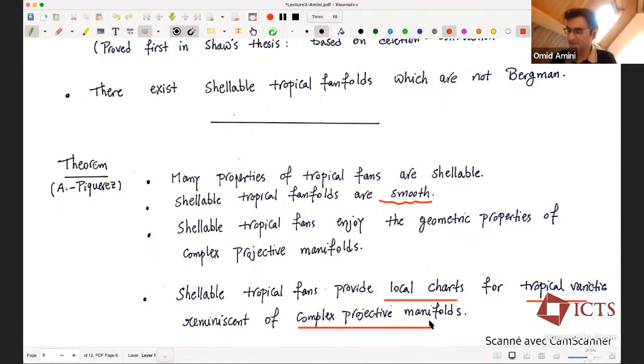So in a sense, shellable tropical fans are good local charts to introduce smoothness in tropical geometry and to do geometry with tropical varieties. Okay, so this is maybe not very precise, but.